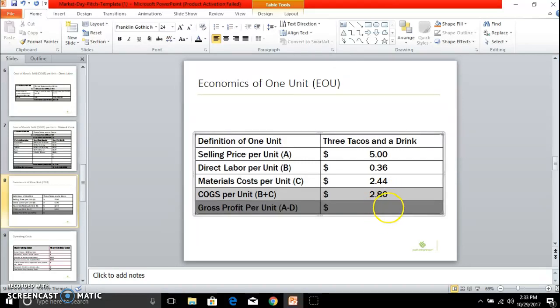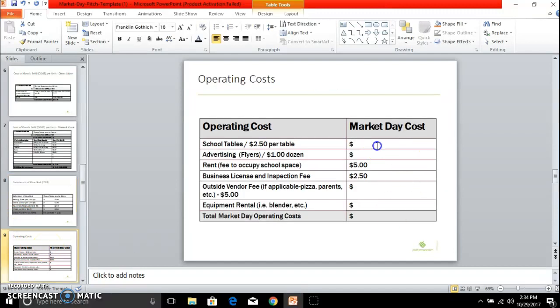And if we subtract $2.80 from $5, we get a gross profit per unit of about $2.20. So that's how you figure out the economies of 1 unit. If I sell everything at $5, just based on that, I'm going to make about $2.20 in profit, just gross. But now we're trying to figure out the net.